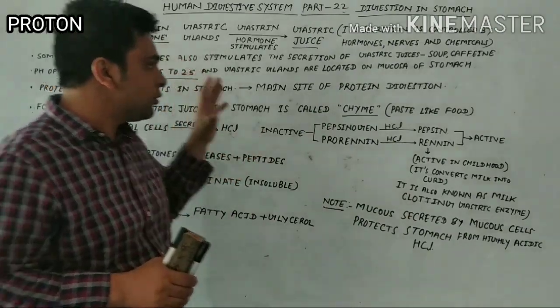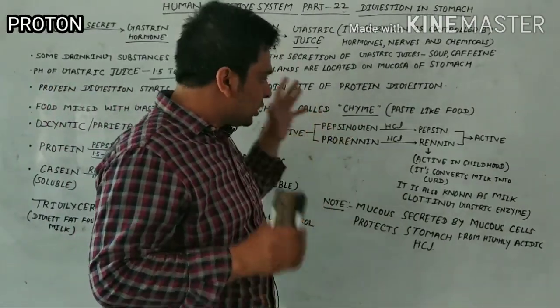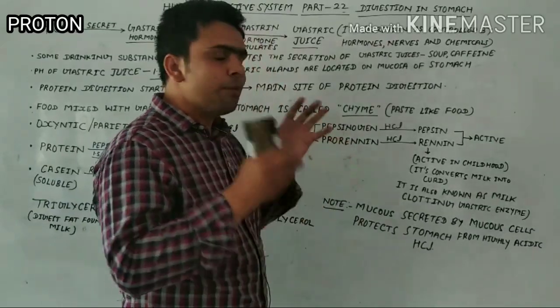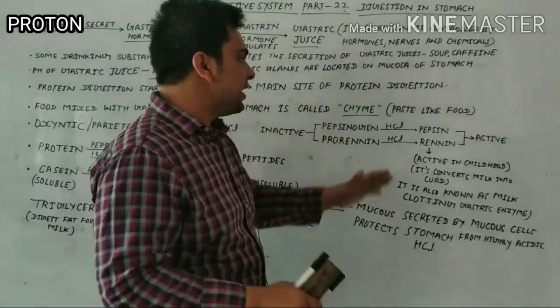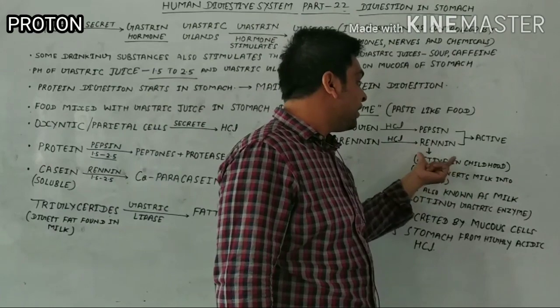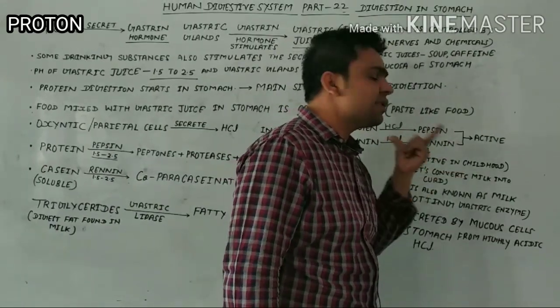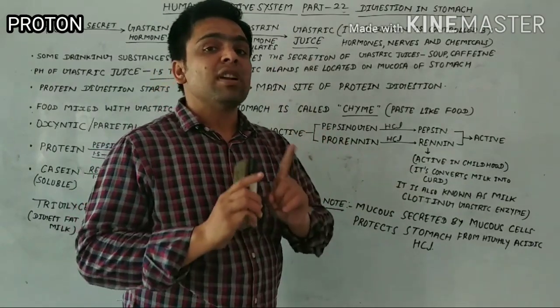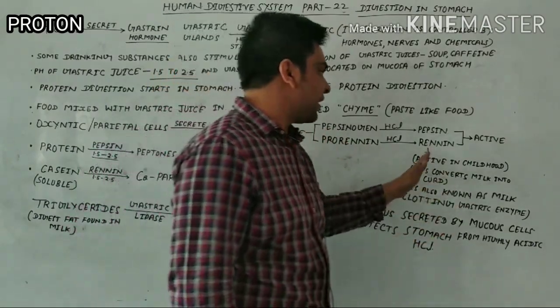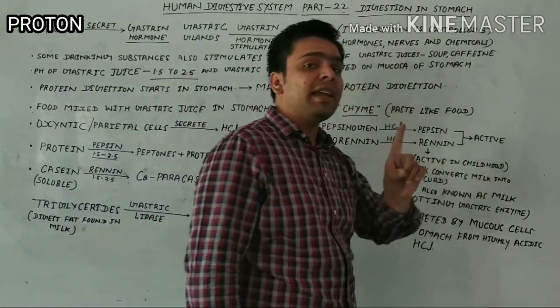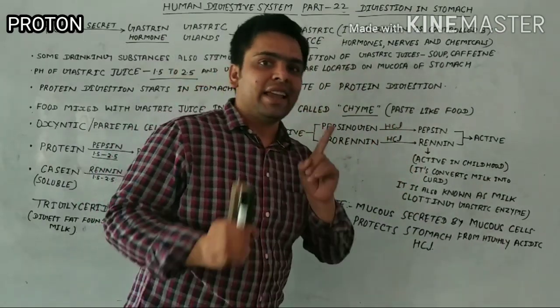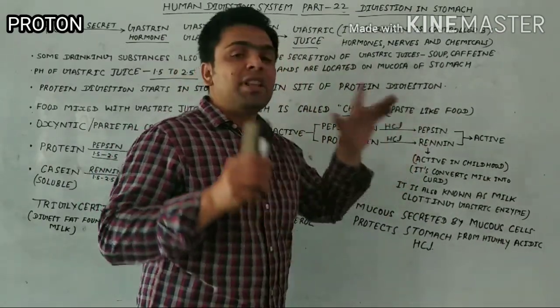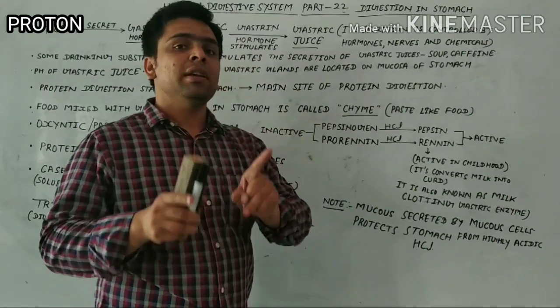So students, I want to tell you some important points related to renin. Renin is active only in childhood. It is not active in adulthood. It acts only on mother's milk.